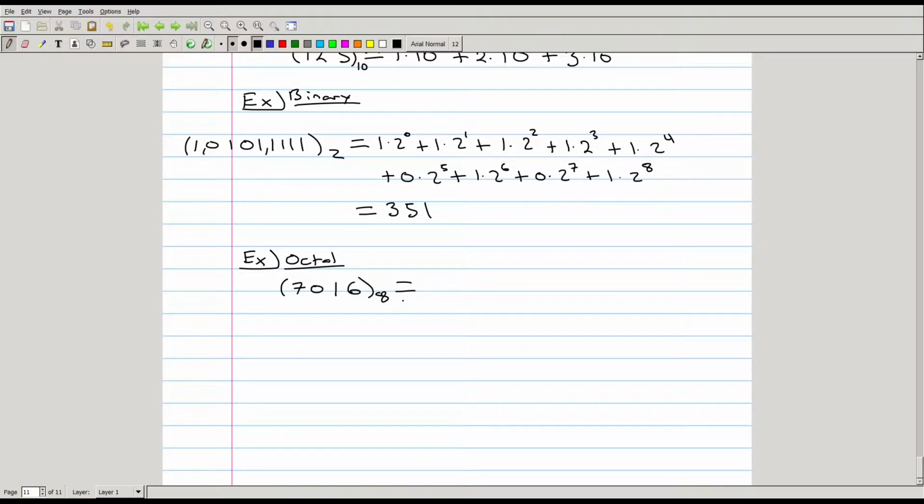This is going to be 6 times 8 to the 0 plus 1 times 8 to the power 1 plus 0 times 8 to the power 2 plus 7 times 8 to the power 3, where each one of the digits in the number is strictly less than the base, which is 8. And when we go through and calculate this number, this is going to end up being the integer in decimal 3,598.